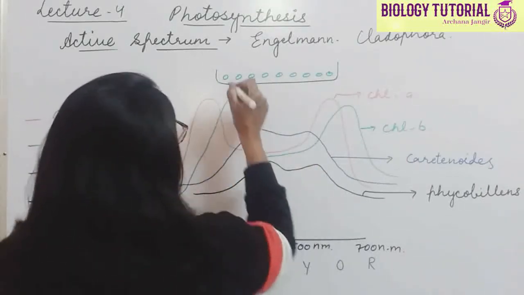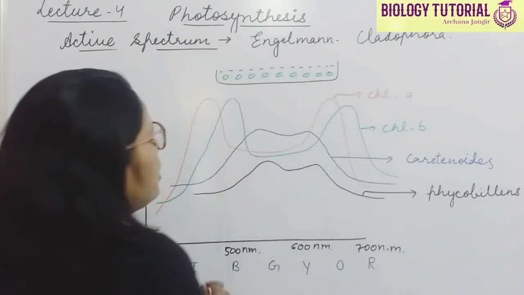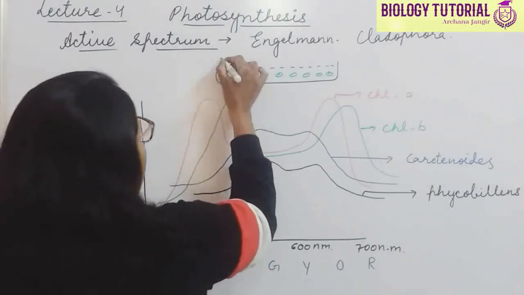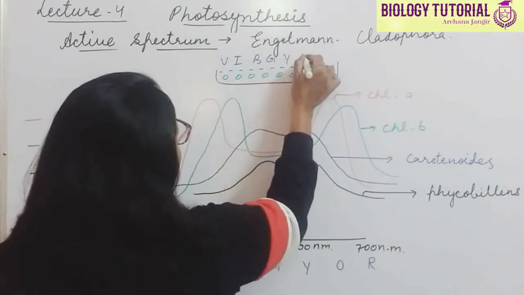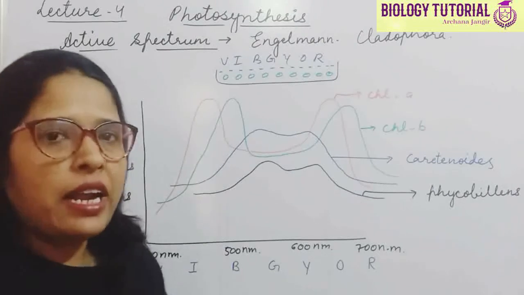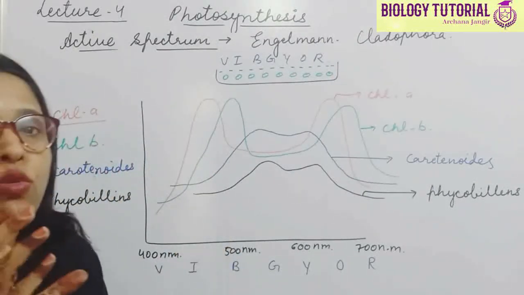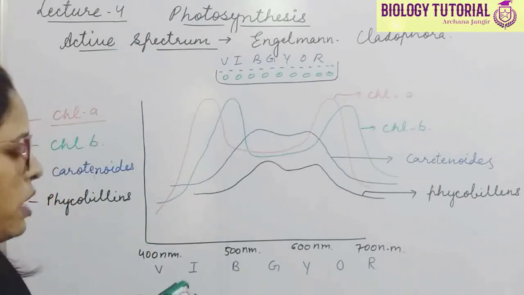This is the water. This alga is going to absorb white light which has 7 colors: VIBGYOR, that is violet, indigo, blue, green, yellow, orange and red. Now what is obtained by this experiment?